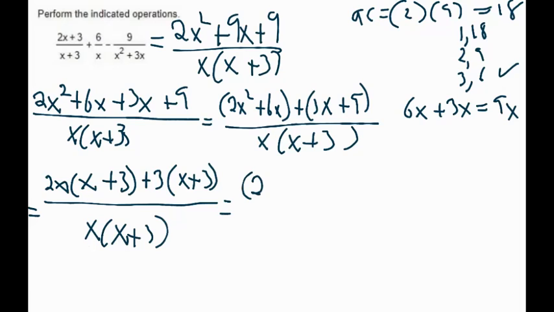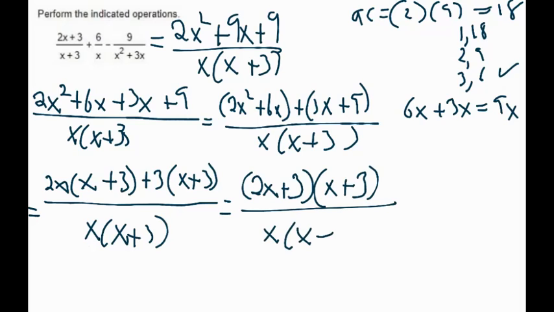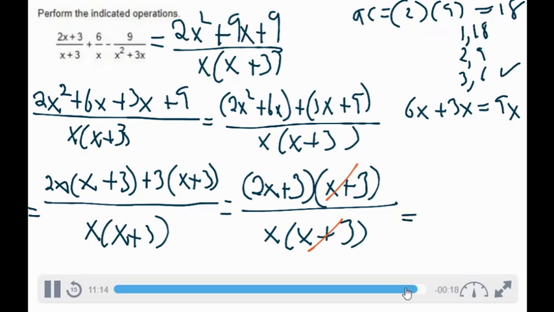We've got 2x plus 3 times x plus 3, over x times x plus 3, and the x plus 3 is going to cancel out. That gives 2x plus 3 over x, and now we've reduced that and performed the indicated operations.